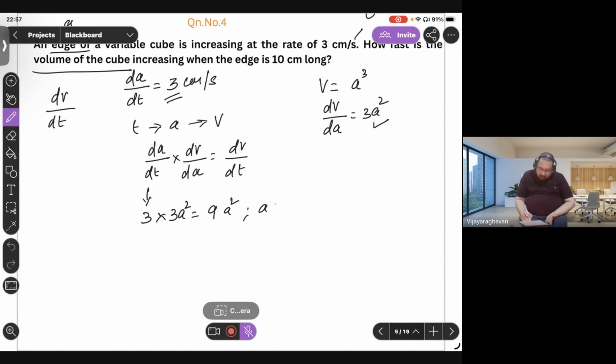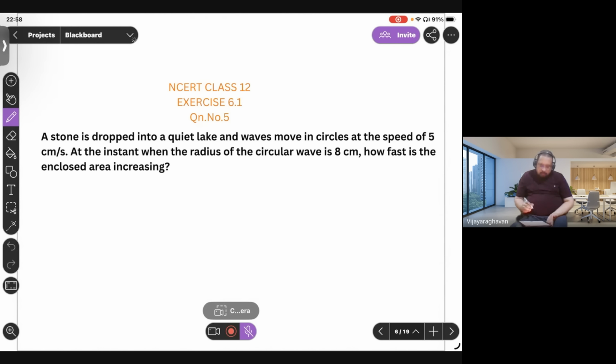When a is 10, we have dV/dt as 9 times 10 square, which is 900, the volume of the cube. So centimeter cube per second. This is the answer. The next question.